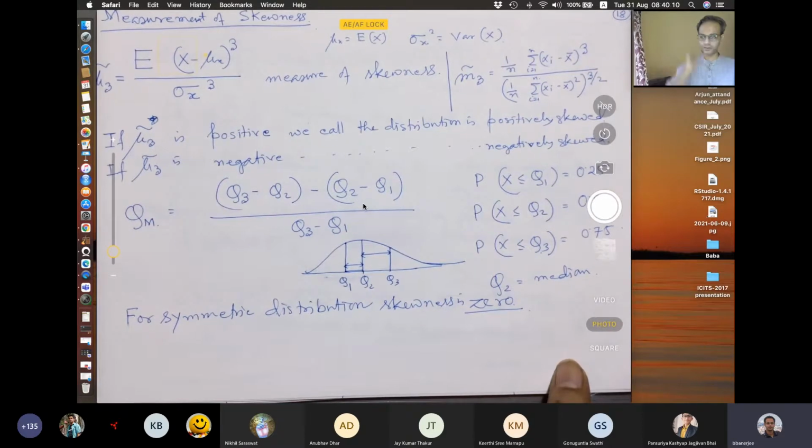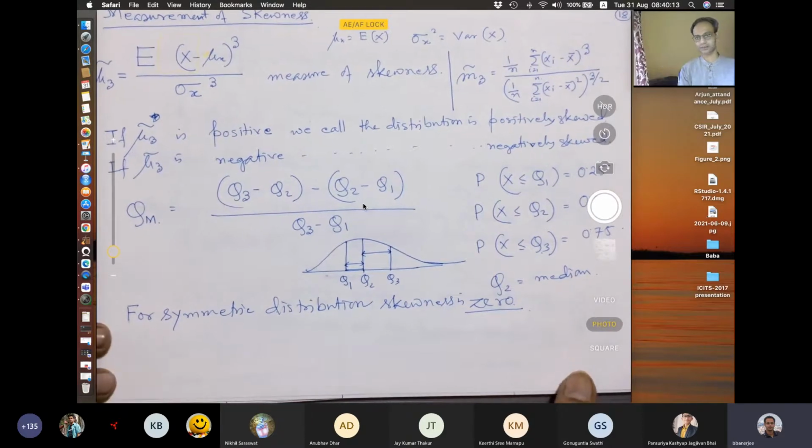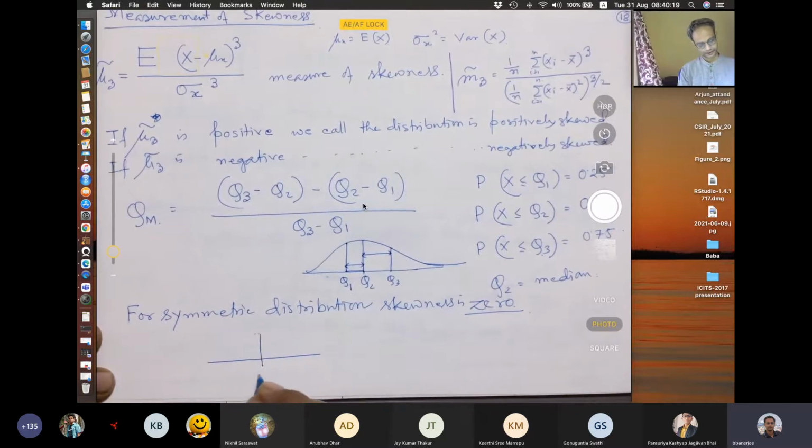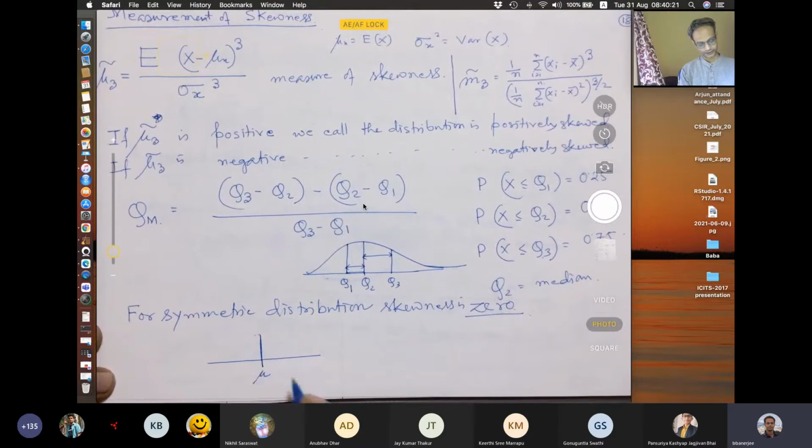Another thing about a symmetric distribution is this. Say it is symmetric around mu; in general, mu can be 0 also.